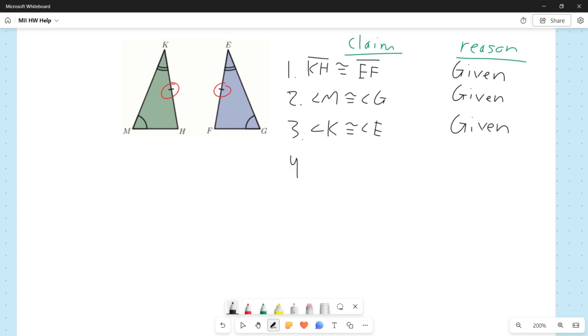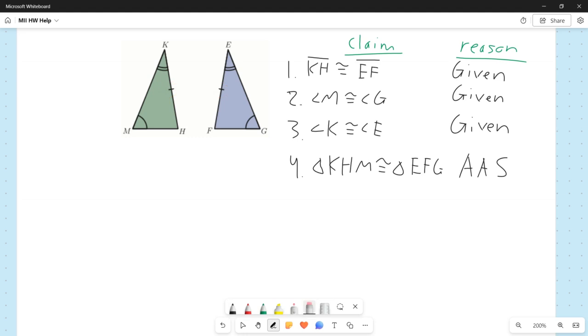Ultimately, it doesn't really matter, at least on the left, because at this point we can actually jump to the thing that we're trying to prove, namely that triangle KHM is congruent to triangle EFG. And that's because we've established the angle, angle, side congruency situation for these two triangles.